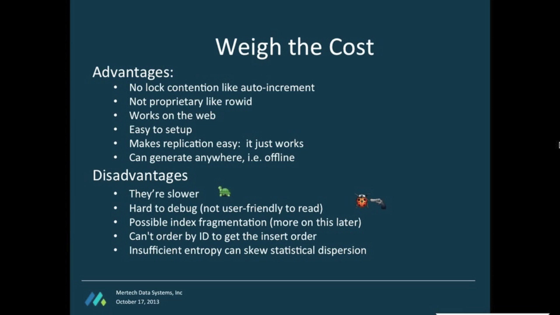But when you're dealing with these UUIDs, you actually have to generate them. Like we said, they're very algorithmic, so that takes some time. So in fact, you have to weigh the cost from that standpoint, because they are going to be slower.